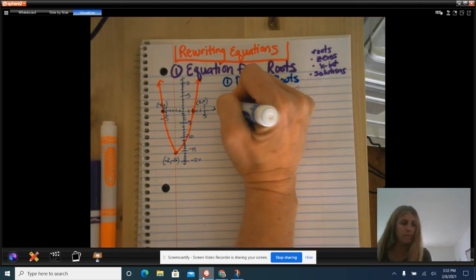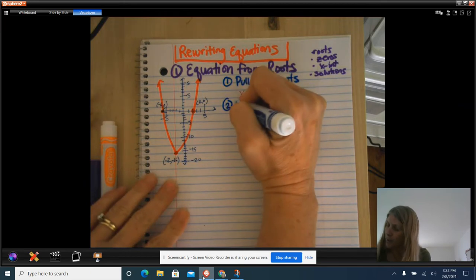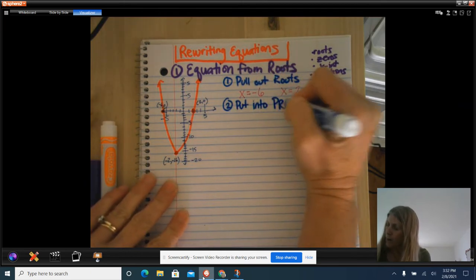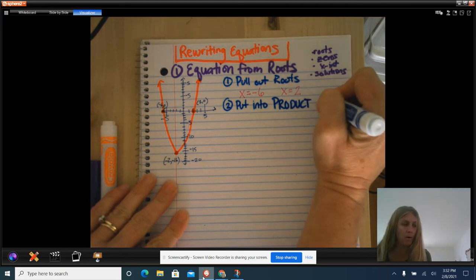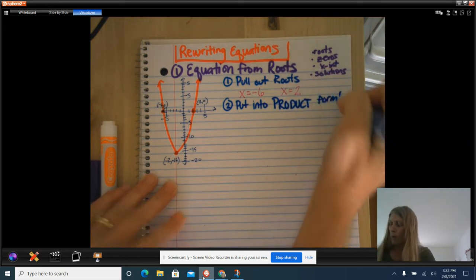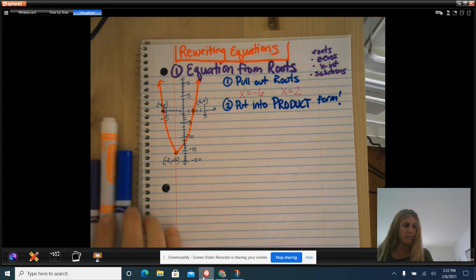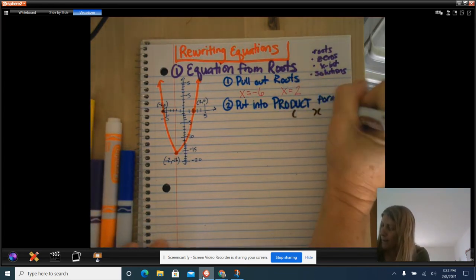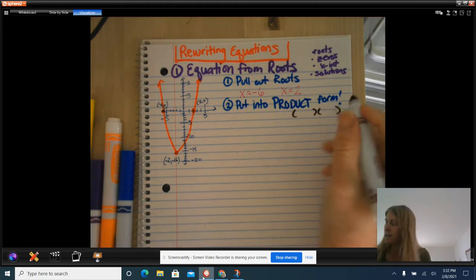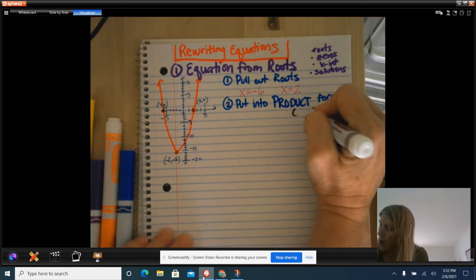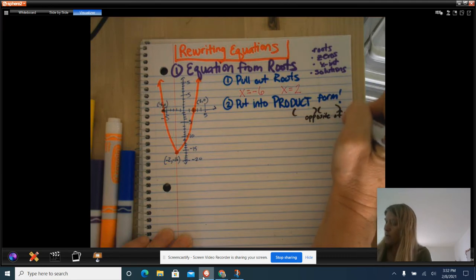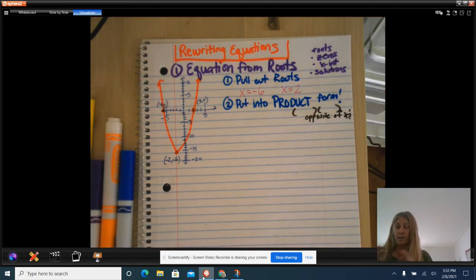Now our second step is to put into product form. What we mean by that is very simply, we're going to set it up in our parentheses, but in our parentheses, we're going to have the opposite of the x's. Because remember, you solved, set them equal to 0, so they ended up being the opposite.